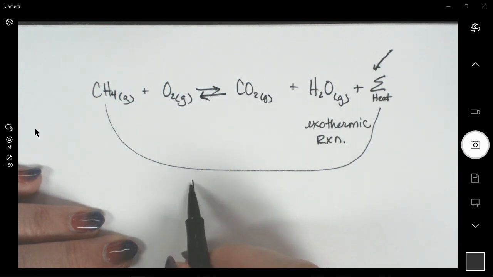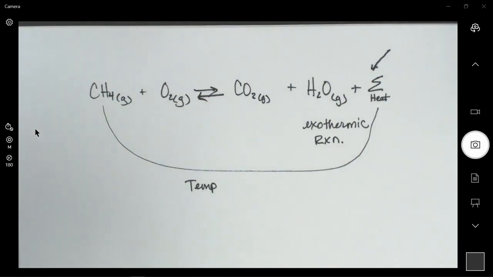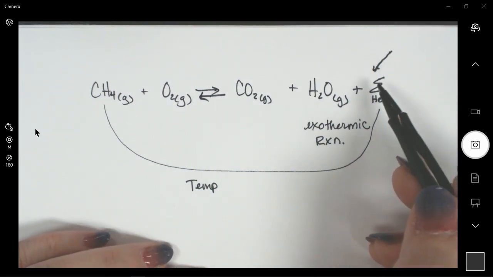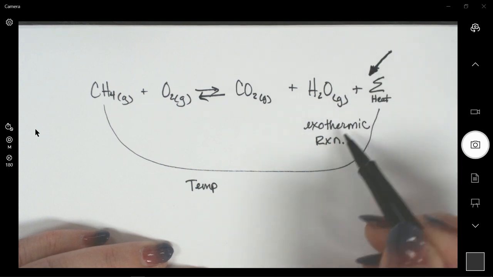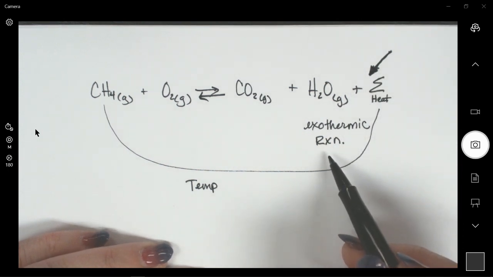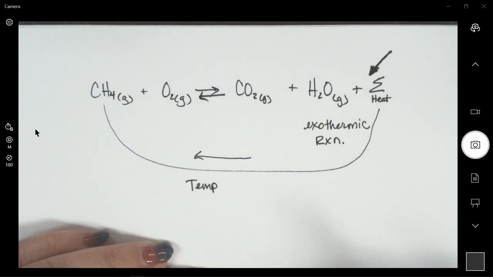So if the temperature of the surroundings is increased, that's a stress, right? And the equilibrium, if we add ketchup to this side, which way does the equilibrium shift? Yeah.